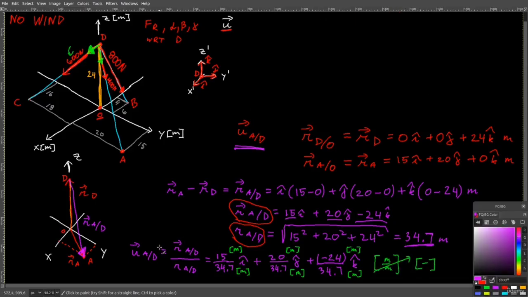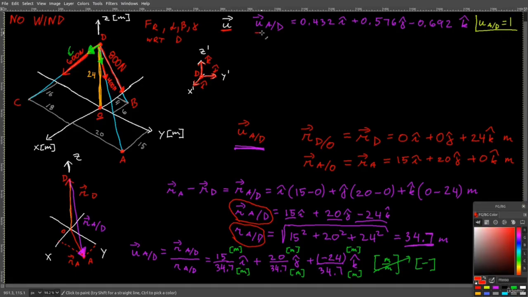And so now when you calculate the ratios of the components of this unit vector, then you will have uA with respect to D equals 0.432i plus 0.576j minus 0.692k. If you take the magnitude of uA with respect to D, you will get 1.